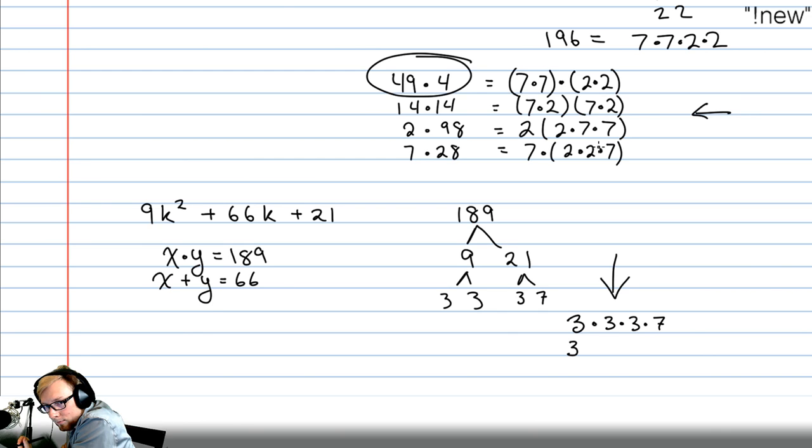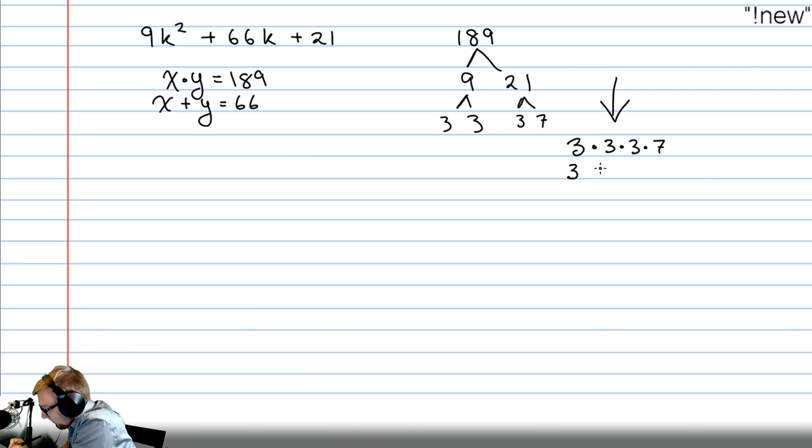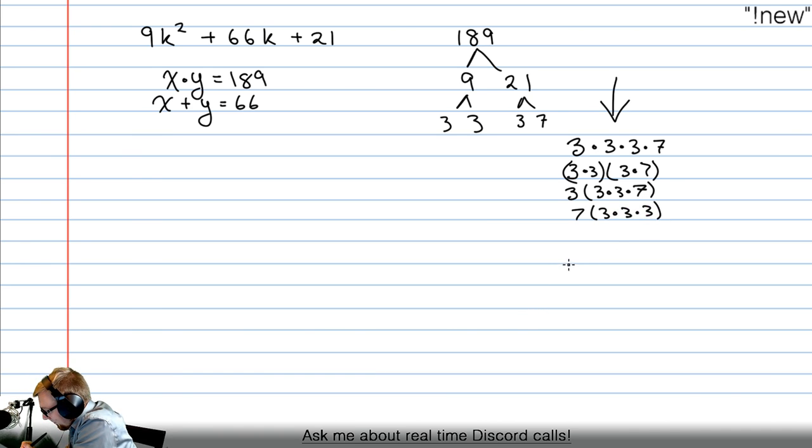Alright, so if you group one pair of 3s, so 3 times 3, that's one group. Okay. 3 times 7 is another group. Okay, a next one. You have 3 on the outside, and then you have 3 times 7 inside the parentheses. Okay. You have 7 on the outside with 3 times 3 times 3 on the inside.